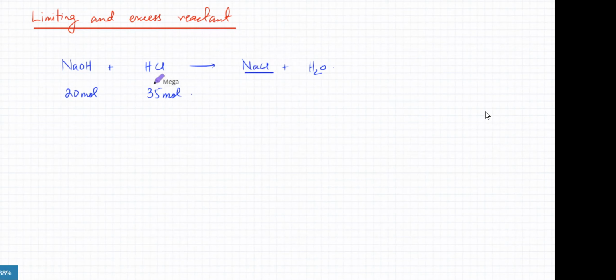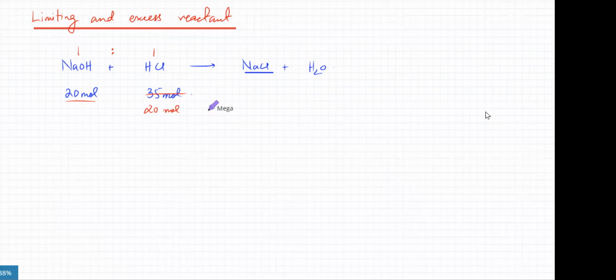Because the ratio at the moment is 1:1. The recipe is saying that 1 NaOH reacts with 1 HCl. So that means 20 moles of NaOH will only react with 20 moles of HCl. It can't react with 35. It's 1:1. So 20 will only react with 20.